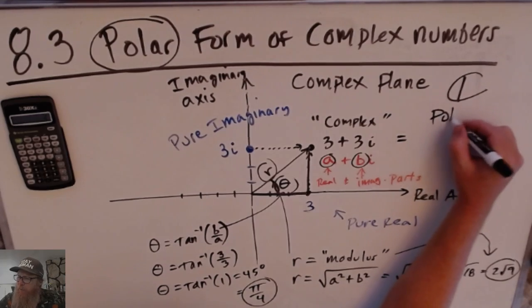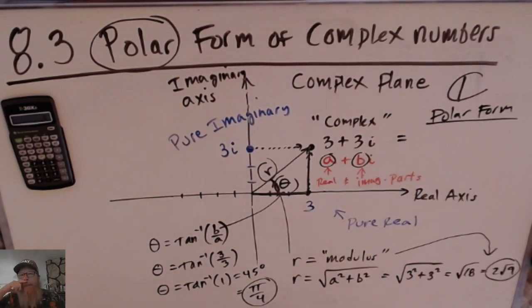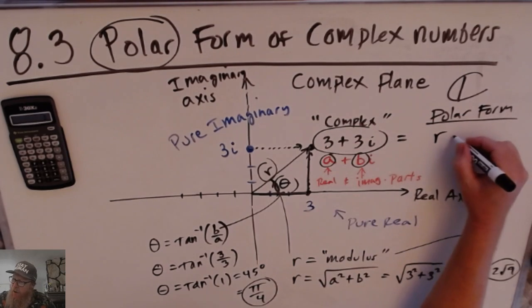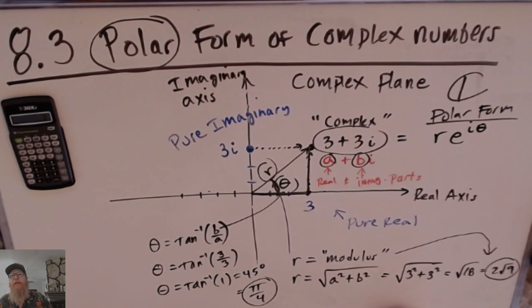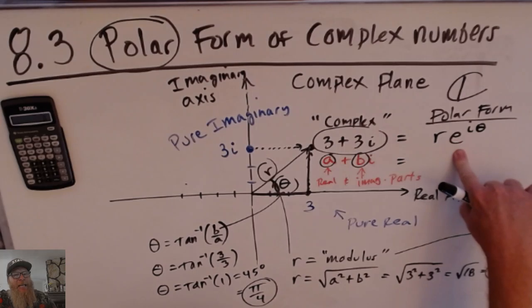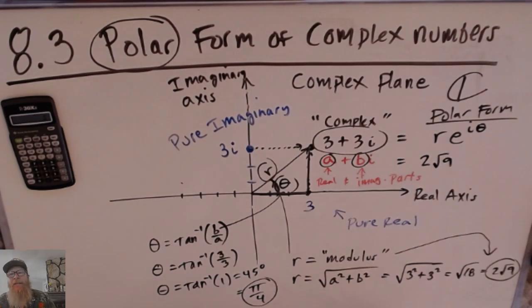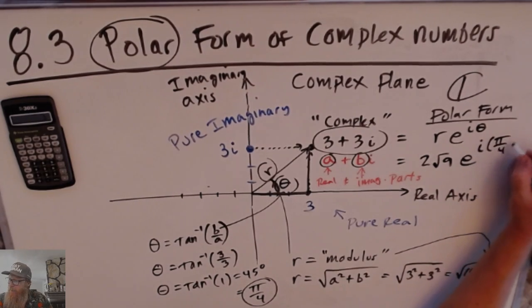So the polar form of this complex number is r e^(iθ). Yes, e. e is back. So r is 2 radical 9, e to the i times pi over 4.